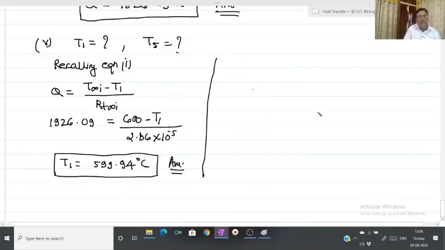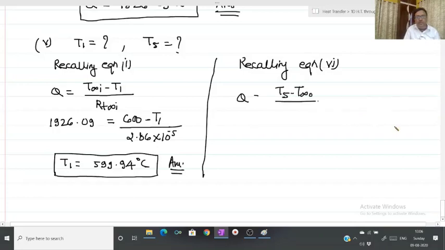Similarly, recalling equation 6. Q is equal to, the equation is, T5 minus T infinity O over RT infinity O. The value of Q is 1926.09.